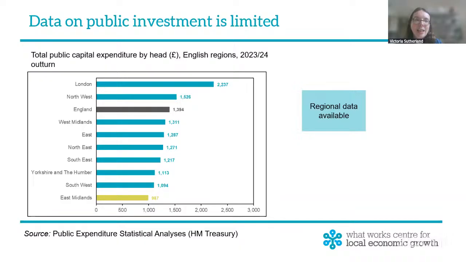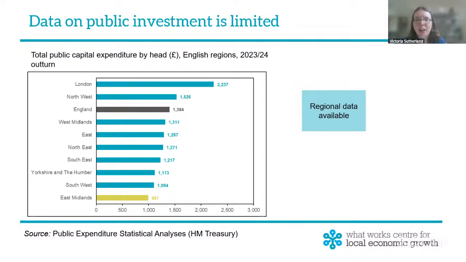It tells you how much is being spent by the public sector, and it's got nice breakdowns across different kinds of functions. In education, it's got breakdowns across a number of different dimensions. But the real challenge is it's only available at the regional level.